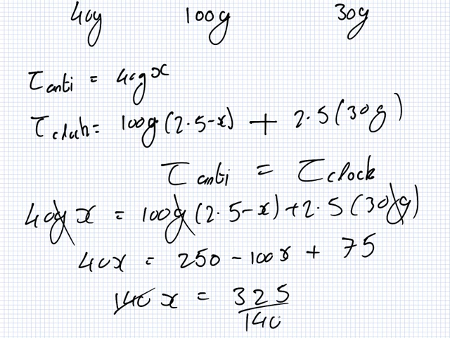So that's 2 and 45 over 140, which is 9 over 28. 2 and 9/28. What's that? 2 point... no, it couldn't be 0.43. It has to be 2 point something. 2.32.